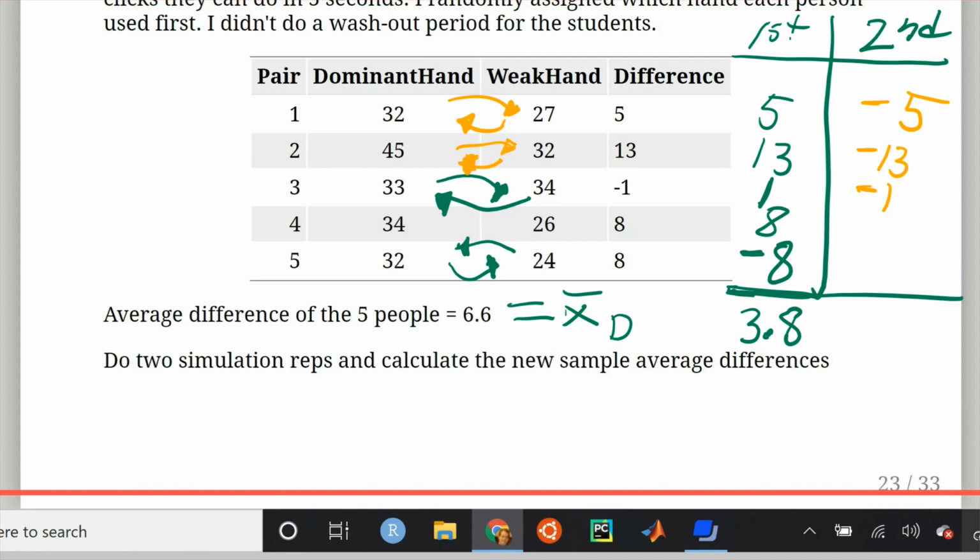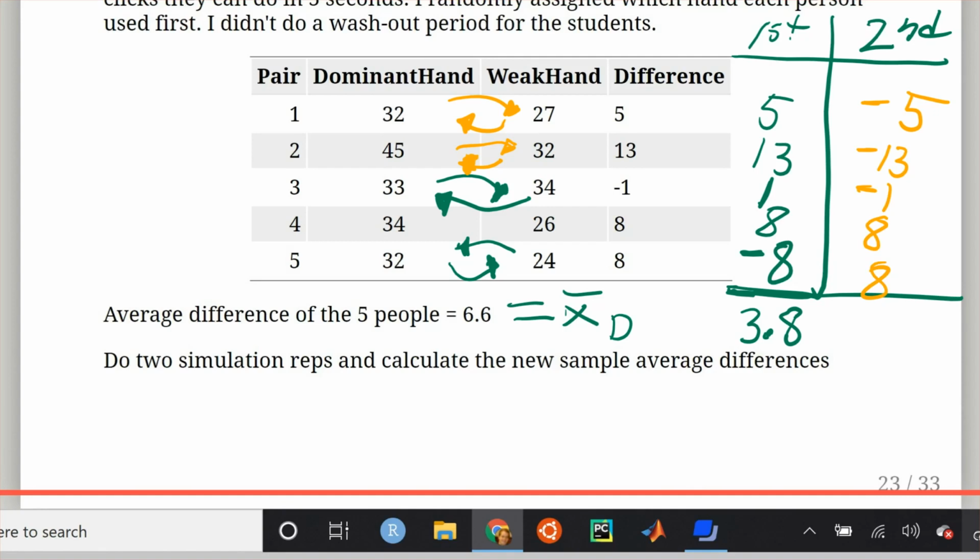For student 4, I got a tails, so I'll keep this order the same here. 34 minus 26 equals the same difference of positive 8. And then for student number 5, I got a tails, so I'm going to keep the order the same and have a difference of 32 minus 24 equals positive 8.